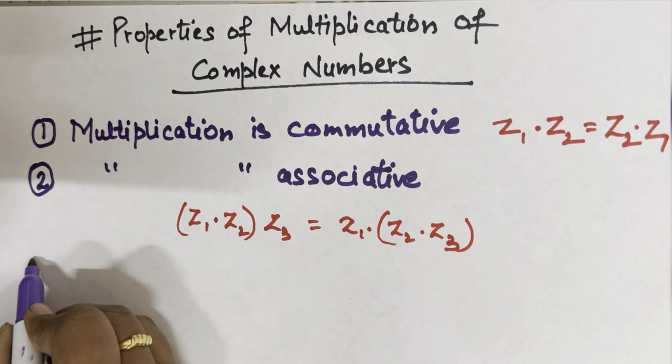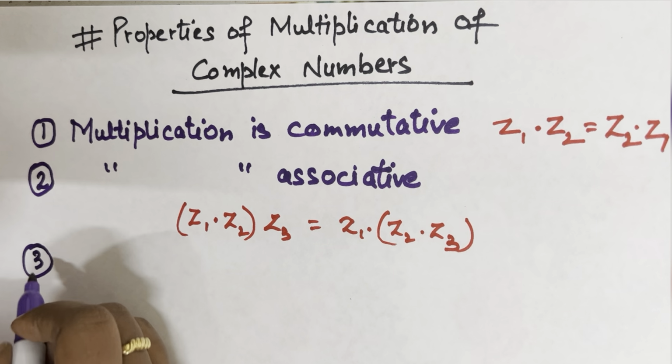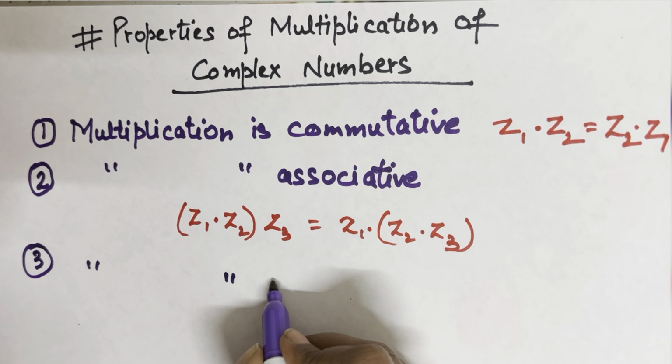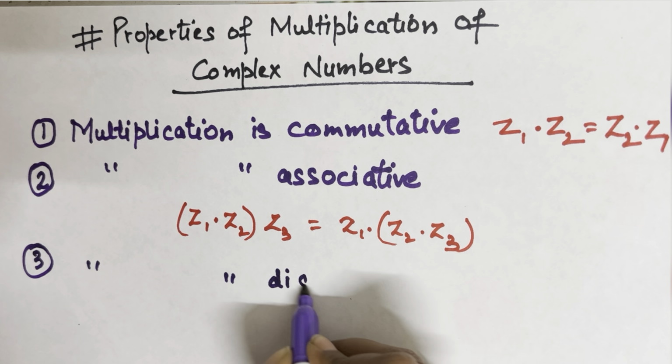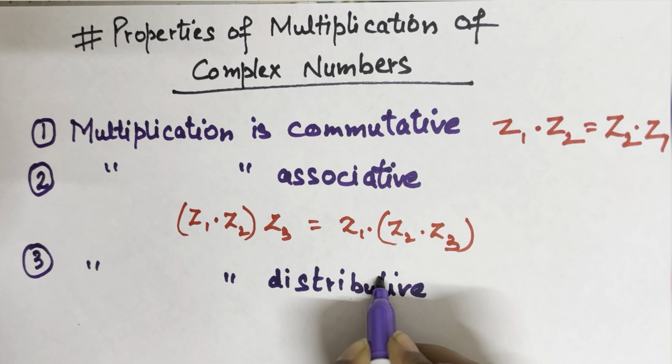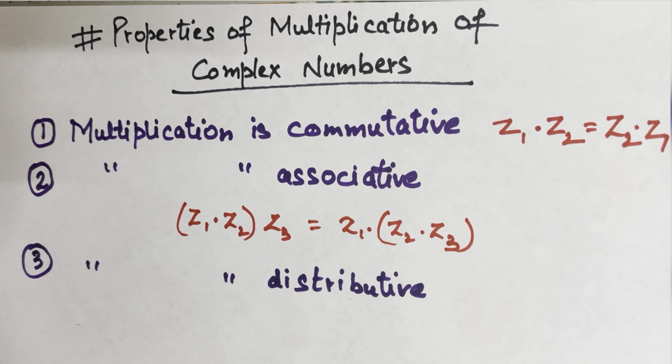Now moving on to the third property, that is multiplication is distributive. It means what? First we'll take z2 and z3, we are going to add them, and then we are multiplying that with z1.